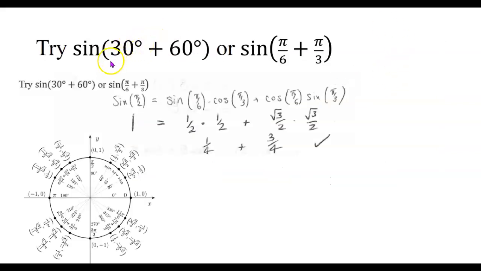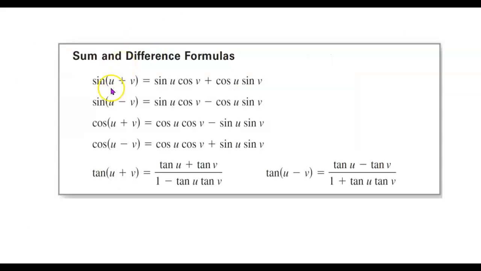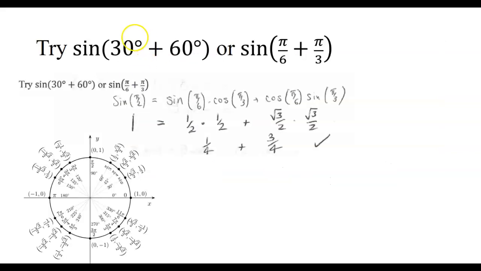Let's try out the one about the sine of u plus v, where u is 30 degrees or pi over 6 in radians, and v is 60 degrees or pi over 3 in radians. When you add those together, you get 90 degrees or pi over 2 in radians. So the sine of pi over 2, we know, is 1.